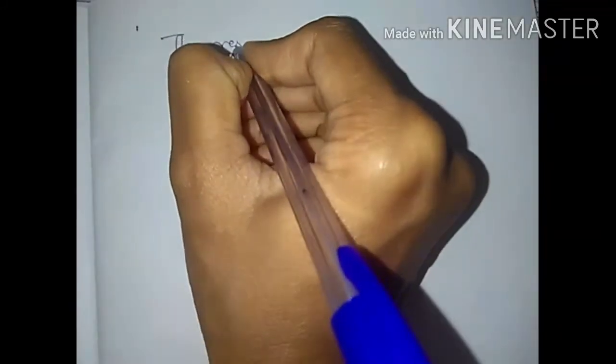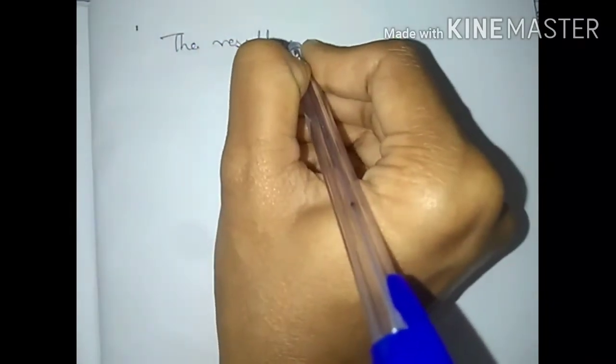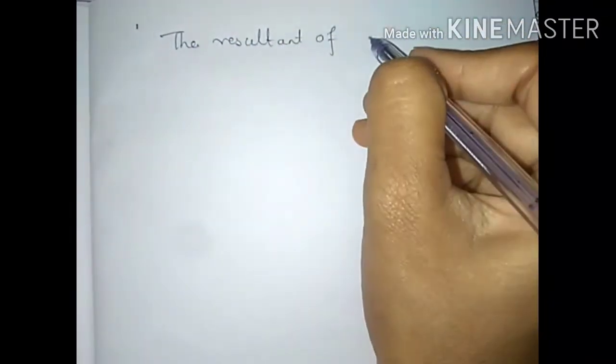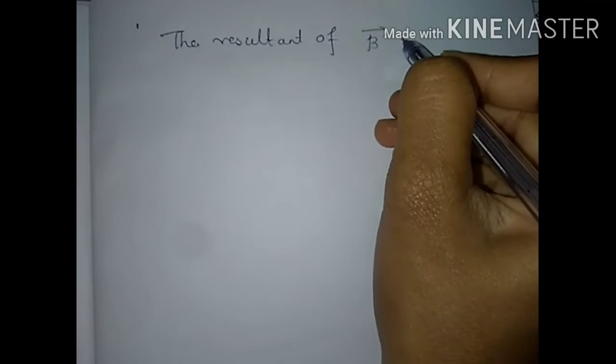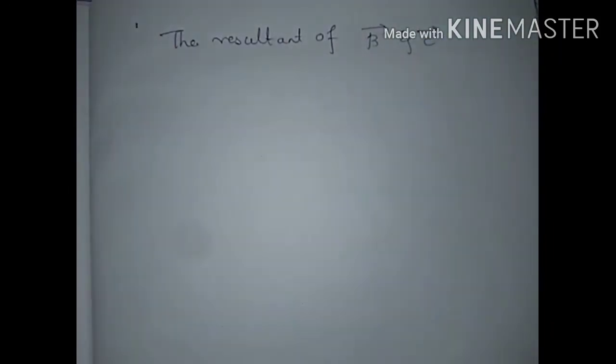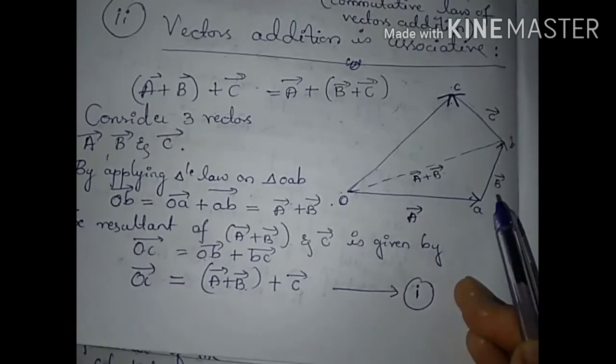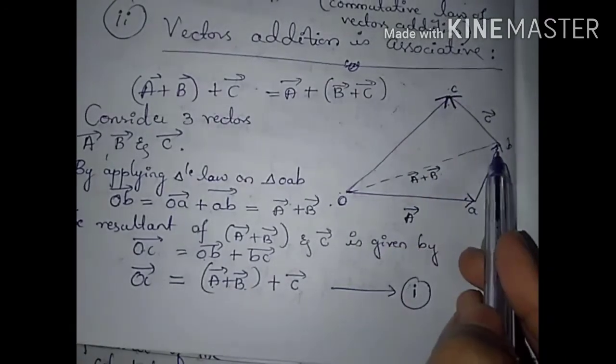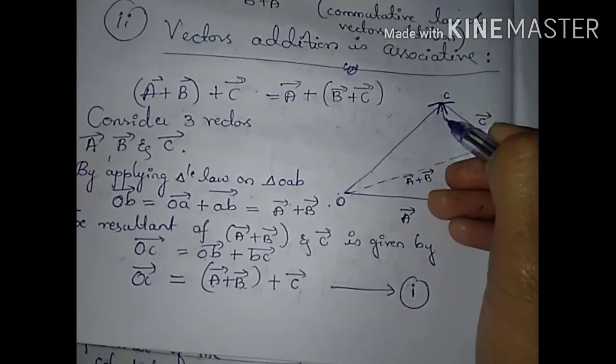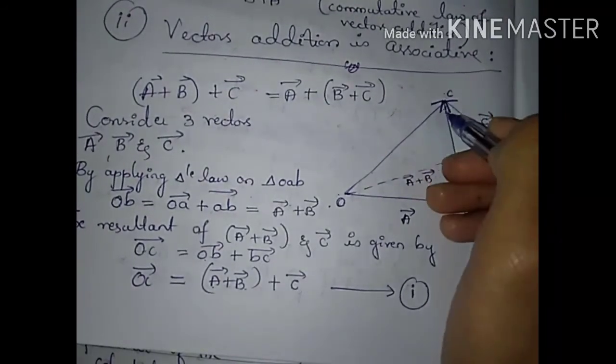So now what is the resultant of B and C? Vector B and vector C. To get the resultant of B and C, we have to draw another line in the diagram. Here you have vector B and vector C, and the resultant of these vectors will be this.